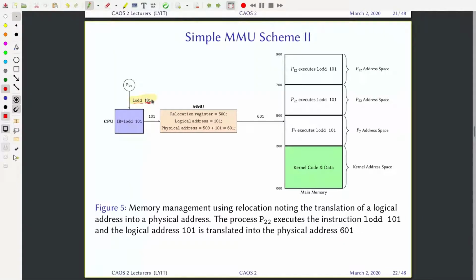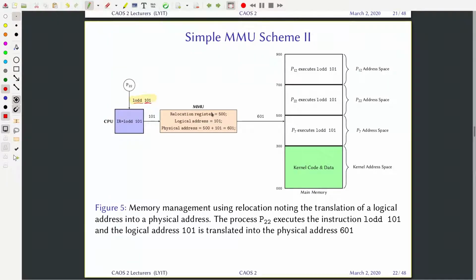Now we know that this number here, 101, cannot be the physical address, because if it was, we'd be accessing an address down here, and that's not correct. We're not allowed to access the address space of the kernel, so we know that it has to be translated into a physical address.